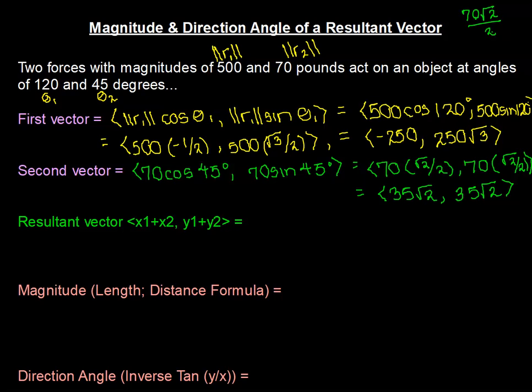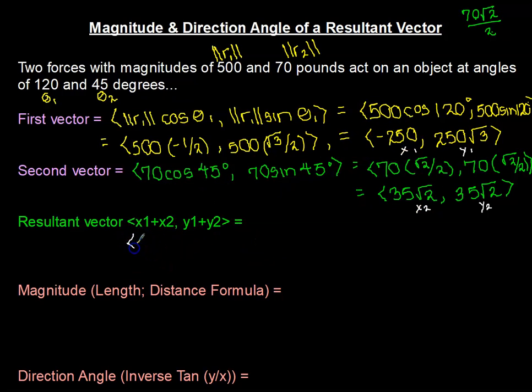Now I'm just going to put a little label with them, and you might see these as different variables, but since this is the x and y value of the first vector, I'm going to call this x1, y1. And since this is the x and y value of the second vector, I'm going to call this x2, y2. And from here, to find the resultant vector, which is between the two vectors itself, I'm going to add the two x values together.